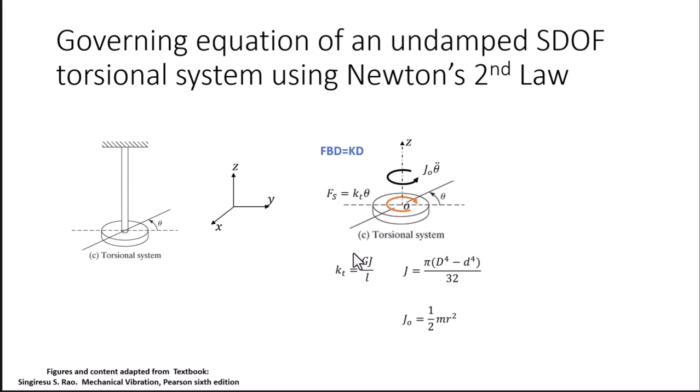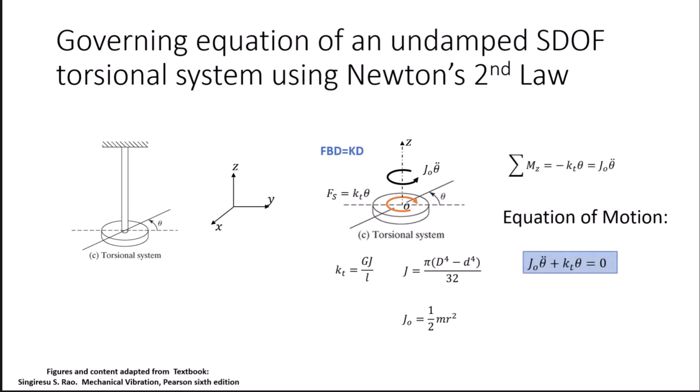The torsional constant of the spring will be this one right here, which is the shear modulus times the area moment of inertia divided by the length. Then we have the mass moment of inertia times acceleration. The mass moment of inertia, if this is homogeneous, is 1/2 m r squared.